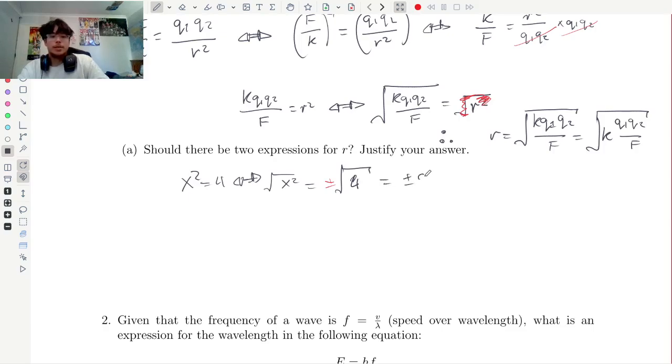there will be a positive answer and a negative answer, because squaring is just timesing whatever it is that I have by itself, and a negative times a negative will always be positive, so there's always two answers with squares and square roots.